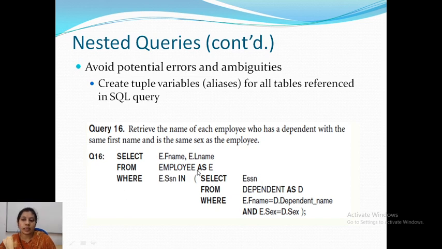Okay, so here first I'll take employee as E and dependent as D. And when we are comparing, see, no need to specify the employee table in the inner query, because it will refer to the employee table in your outer query. So E.Fname equal to D.dependent_name, and E.sex equal to D.sex.